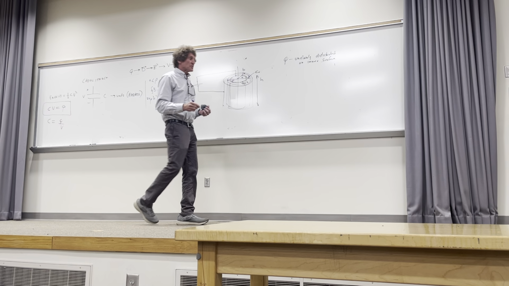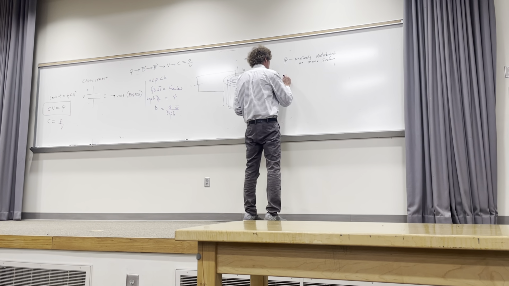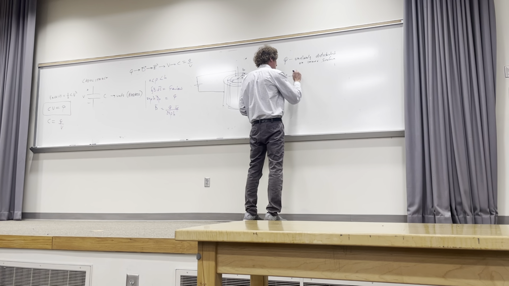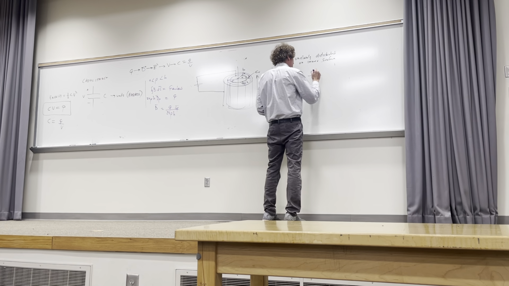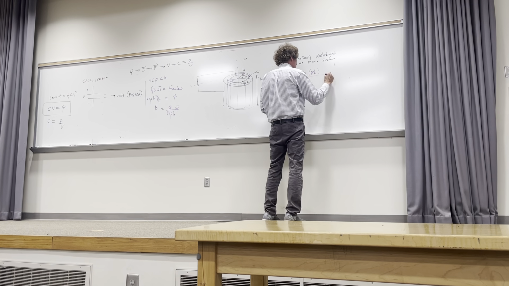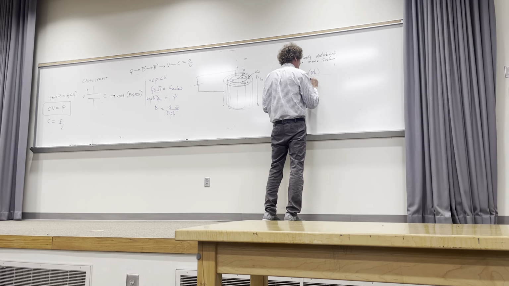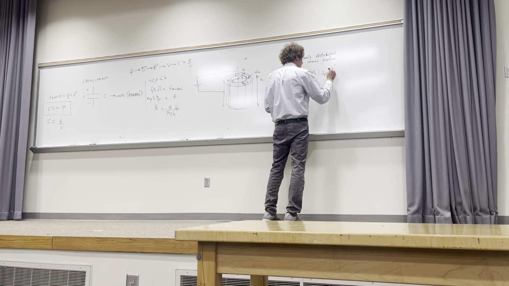So now we assume Q. Now I have D equal to Q over H, divided by 2 pi rho, a rho.